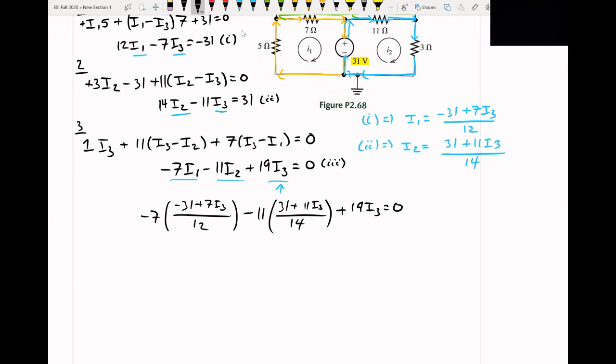Now we can simplify this down, and we're going to pause and do a little bit of algebra magic. And we get that I3 is equal to 1 amp.